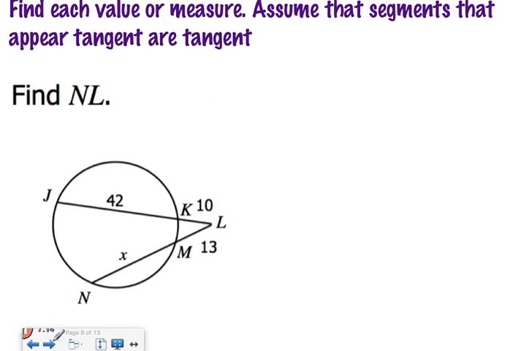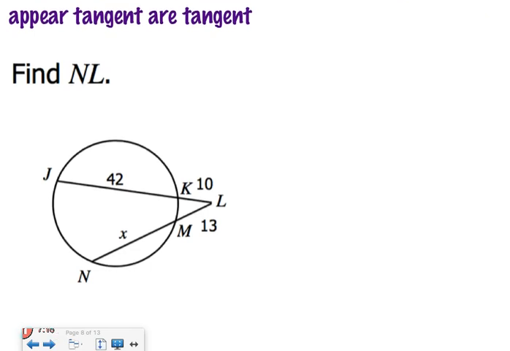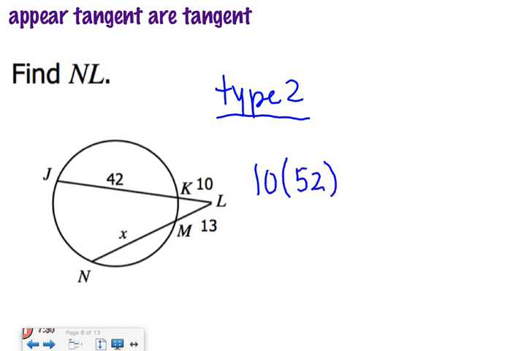Okay, what about this guy? Type 2 again. So we'll have 10 times the whole thing, which would be 52. 520 equals 169 plus something.